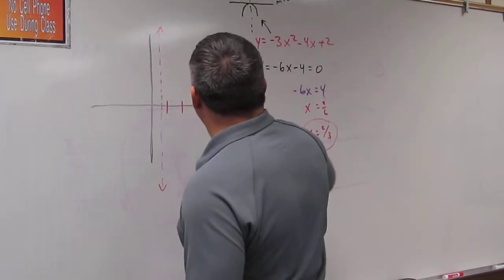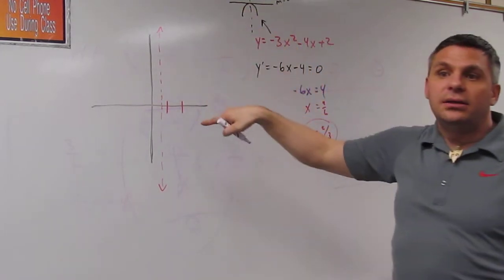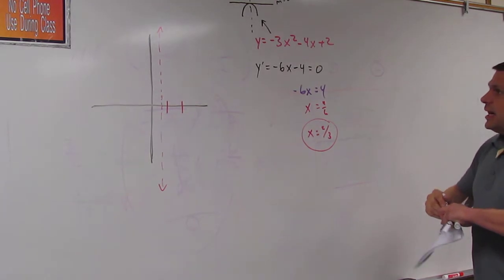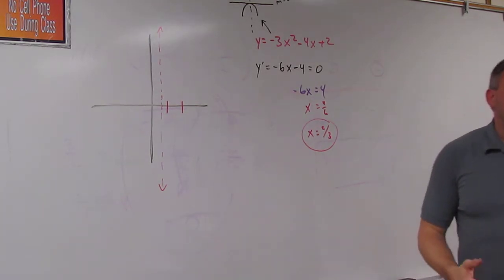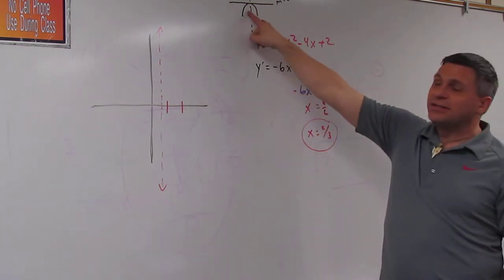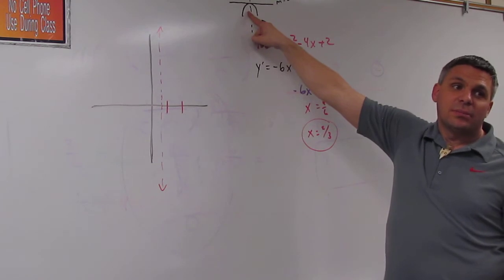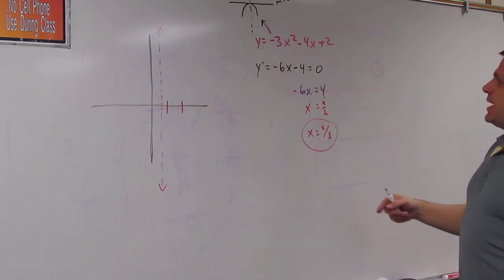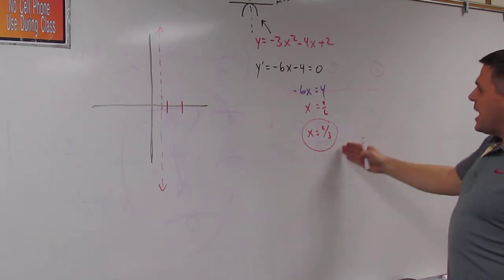So now we need to find where on that line of symmetry your y value is going to be at its maximum, because we know that it has a maximum value now. Okay? So where is y going to be at its maximum? When x is 2/3.